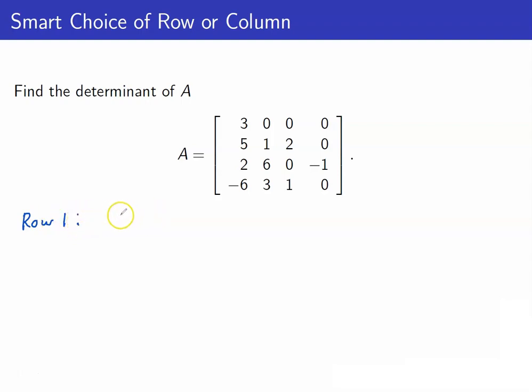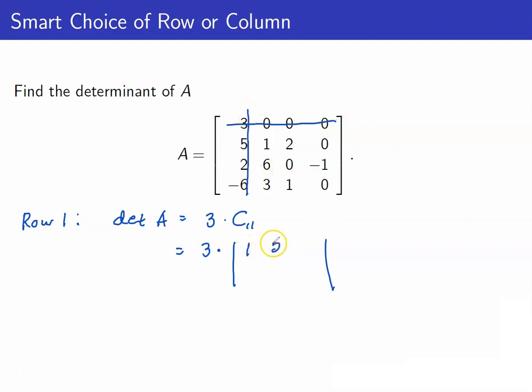Using row 1, it's just equal to 3 times C11. And what is C11? This is already positive. 1 plus 1 is 2, so that's just positive 1. You do not have to multiply it by negative 1 times the determinant of the resulting matrix obtained by removing this.